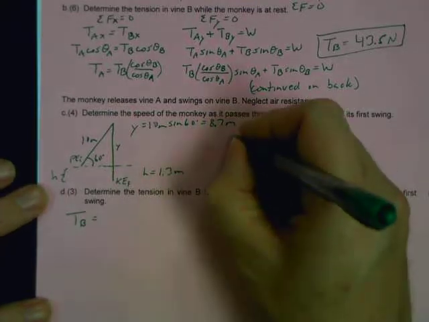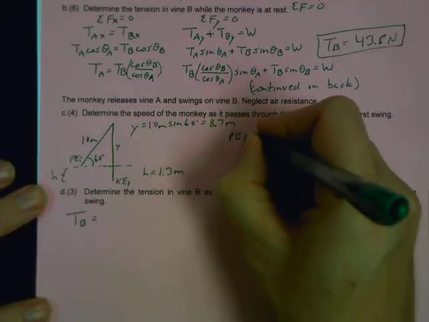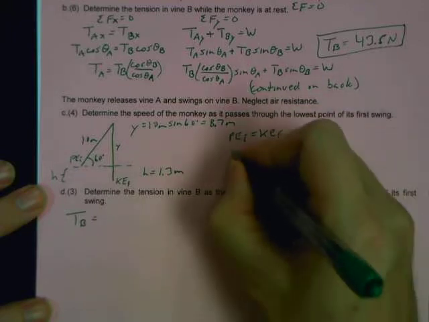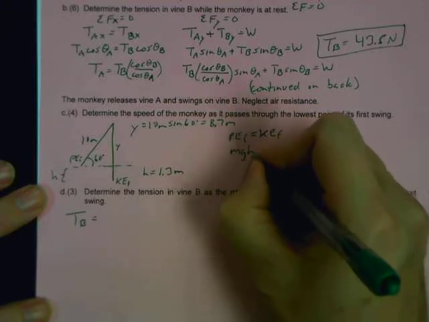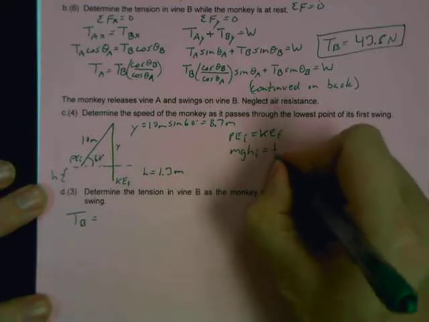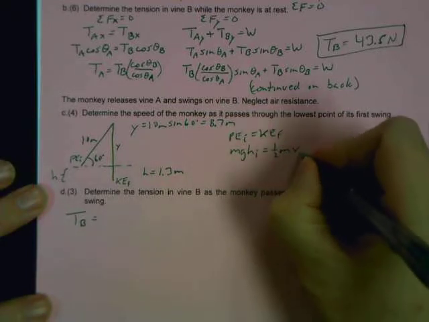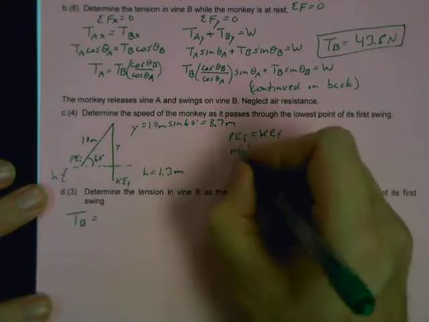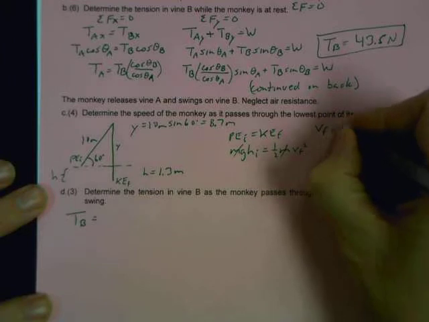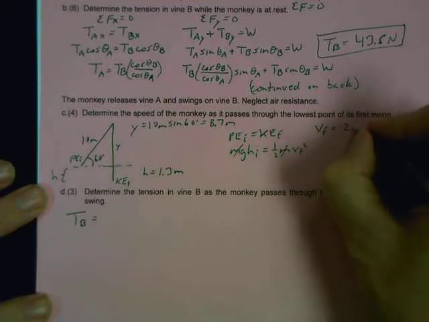So my potential energy initial equals my kinetic energy final. That's mgh initial equals 1/2 mv final squared. Mass cancels out. V final is equal to 2 times g times h initial square rooted.